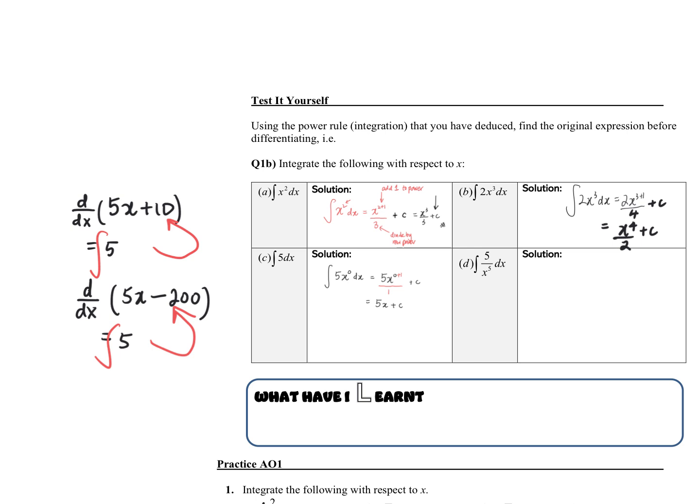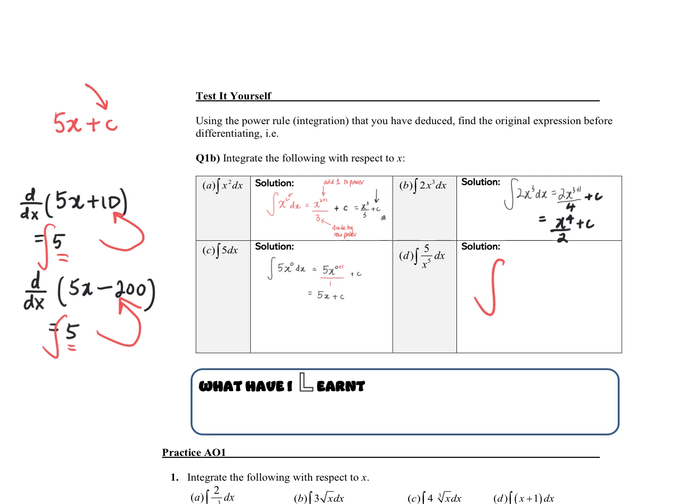So if I'm trying to cover all grounds, I just write 5x plus c. This c can take many constant numbers. When I differentiate, it still gives me 5. So plus c helps you to cover all the cases. You don't need to care about what the constant is, because anyway when you differentiate, it's gone. Get it? Any constant, when you differentiate, is gone. But we cannot ignore that originally there may be a constant there that disappears when we differentiate.